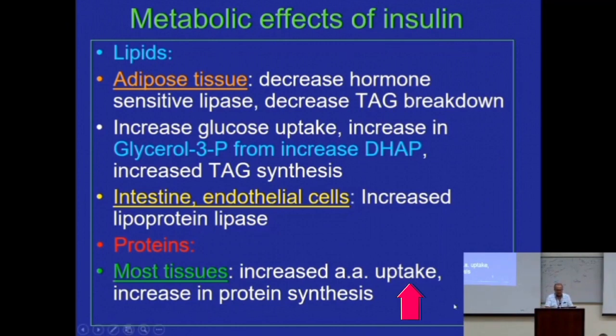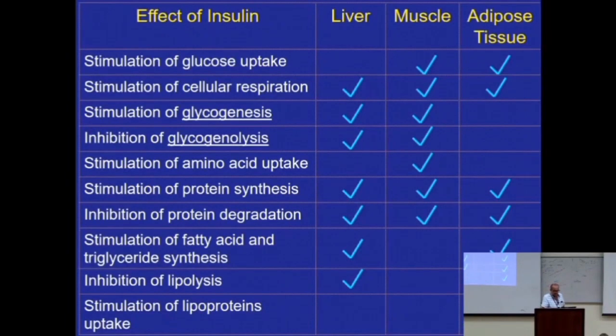Importantly, though, the muscle will use up a lot of those amino acids because of its mass. Okay? But as I mentioned again, you have three things that are stimulated: glycogen synthesis, TAG synthesis, and protein synthesis, all by insulin.